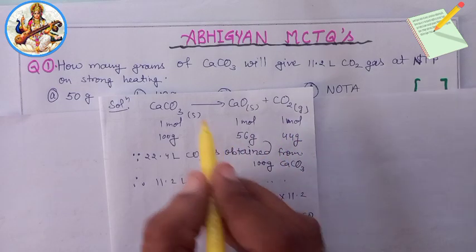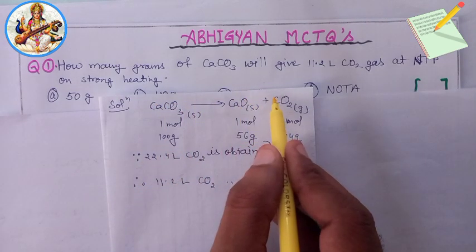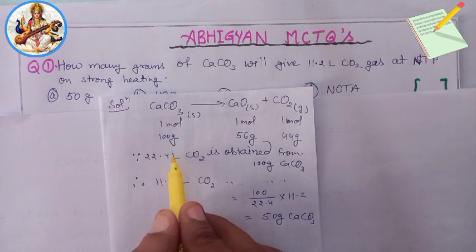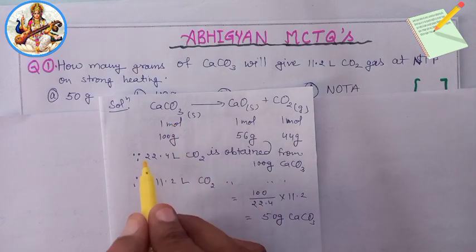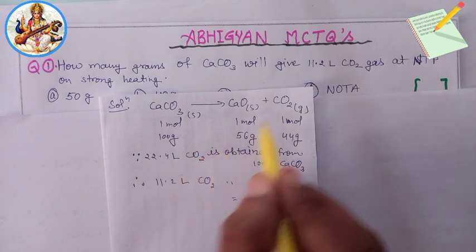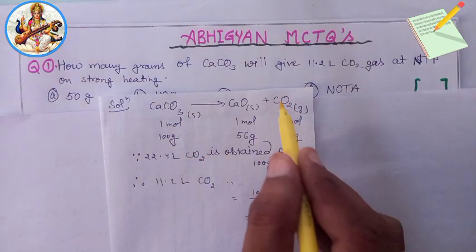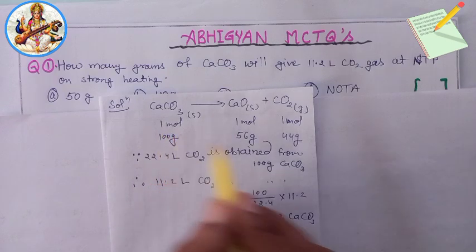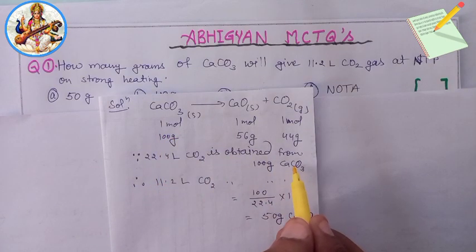Thus, according to the stoichiometry of the reaction, 1 mole means 22.4 liter of CO2. 22.4 liter of CO2 is obtained from 100 gram of calcium carbonate.